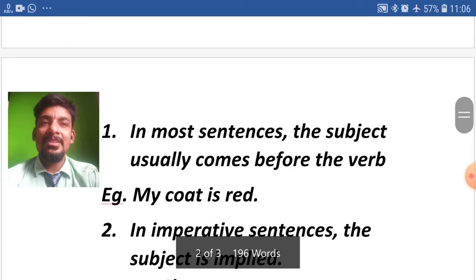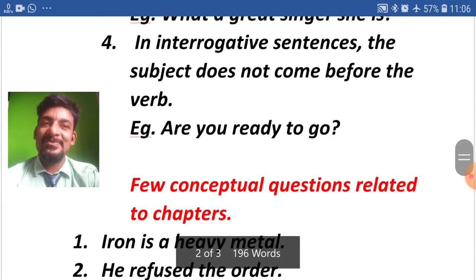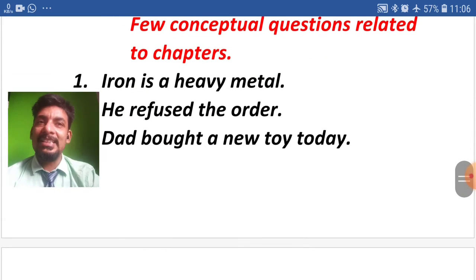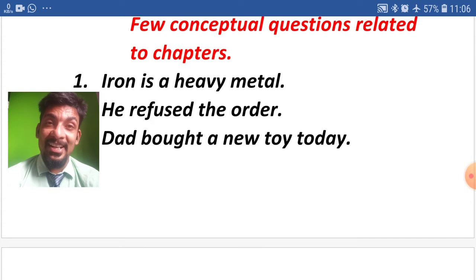Now, coming to today's class, this was the heading: few conceptual questions related to the chapter. In the different questions, I instructed you to identify the subject, the verb, and the object.